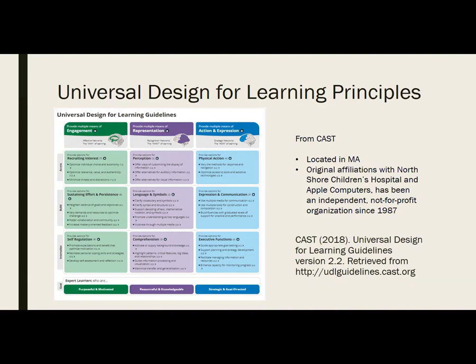So some of the key aspects of the first one is to provide recruiting interest, and provide options for sustaining effort and also persistence. And it does also provide options for self-regulation.